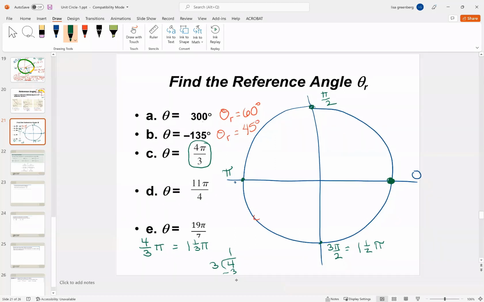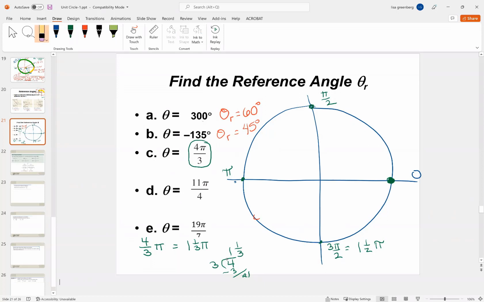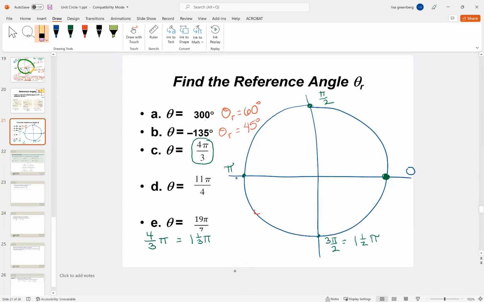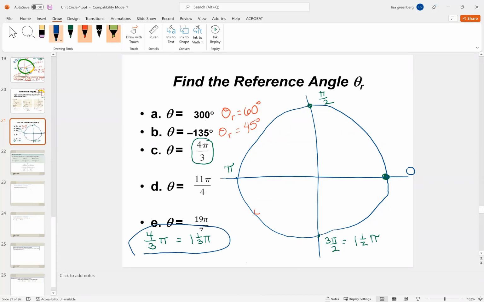I subtract 1, and I have a remainder of 1, which means it's 1 1/3. That's what I mean by changing things to mixed numbers. I think that will make your life much easier if you change everything to mixed numbers, and I'll show you why. We found out that it's 1 1/3 pi.